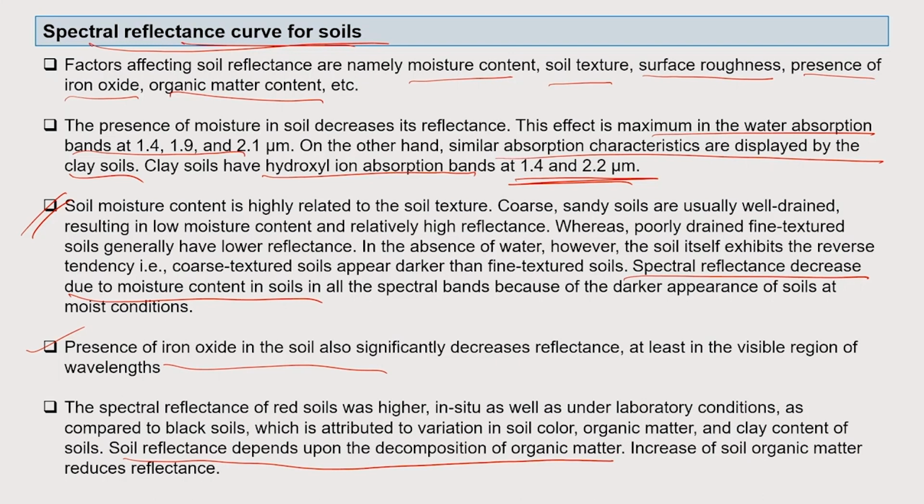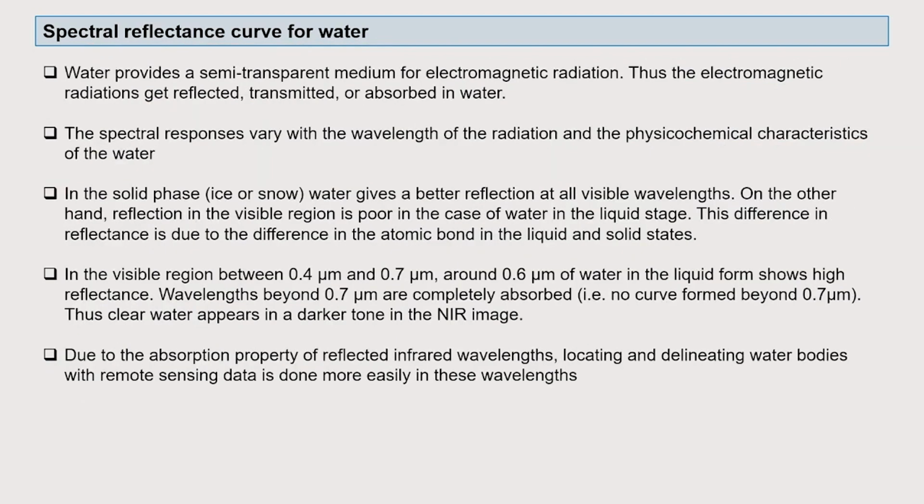An increase of soil organic matter will reduce reflectance. So if reflectance is less, there are a few conditions that can happen: moisture could be high, organic matter could be there, or it could be clay soil. These situations could appear, and of course, should be backed up by your ground truthing.